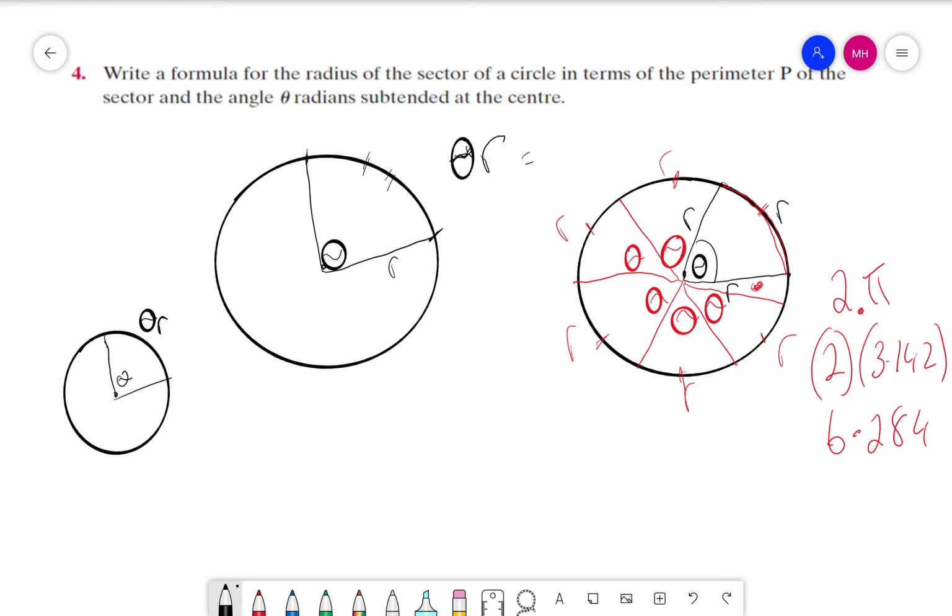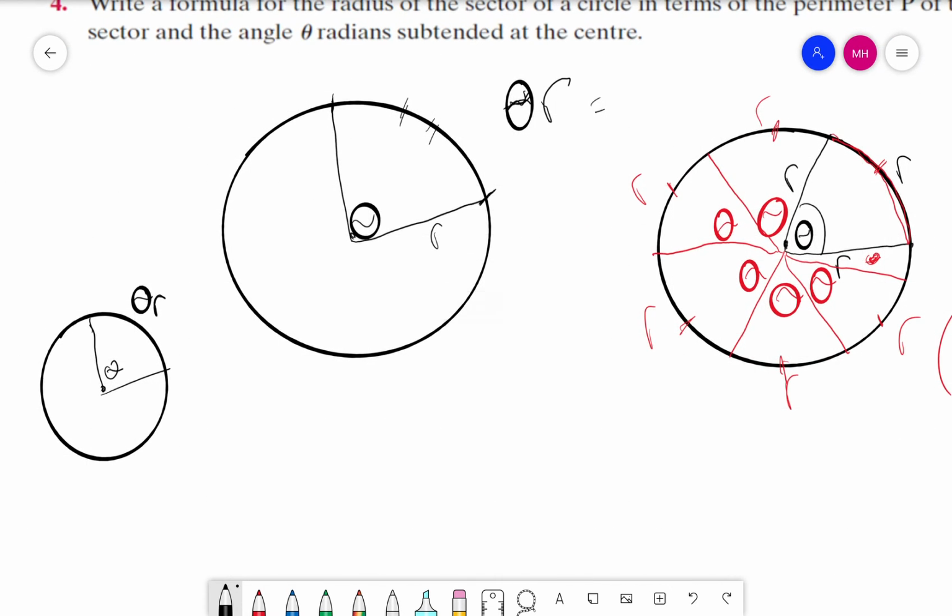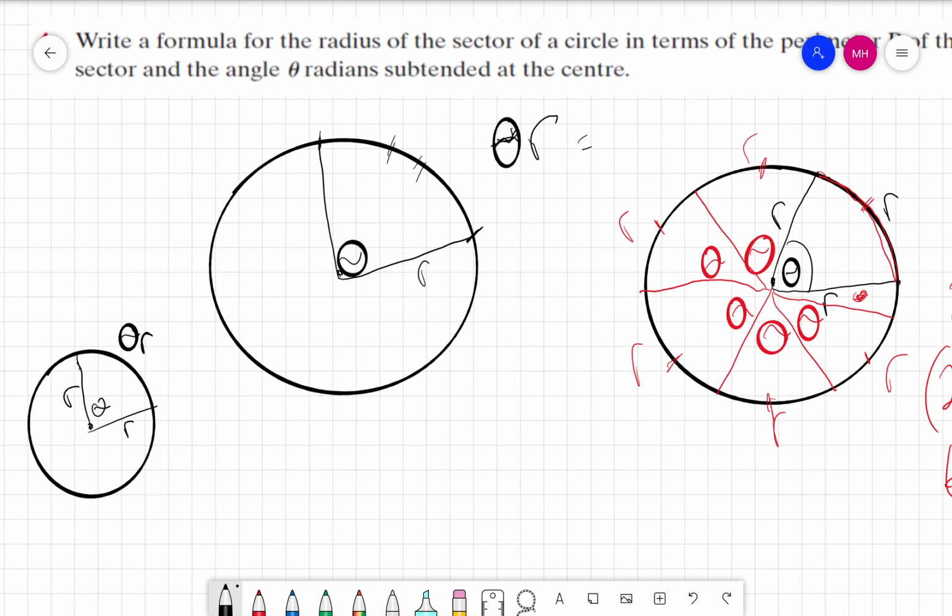So it's 1.4 radians, or it could be 2 radians, multiplied by the radius gives us this bit here, plus the radius there, plus the radius there.